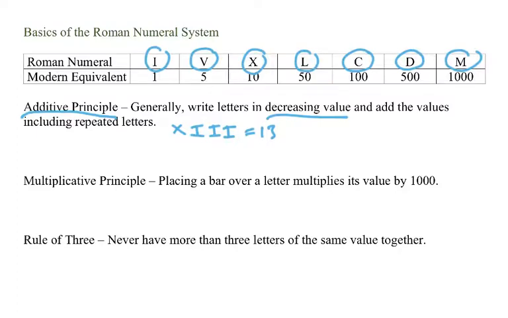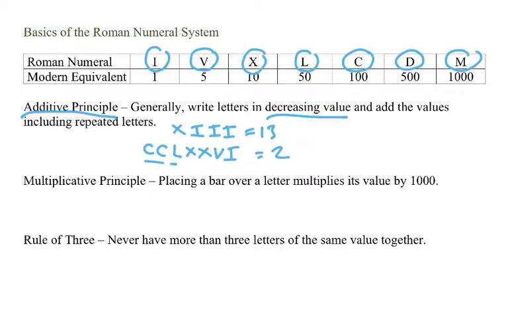Here's a number that's a little bit more complicated. Let's see if we can figure out this one. Suppose you had CCLXXVI. The C represents 100, and there's 2 of them, so that would represent 200. Then you have an L, which represents 50.